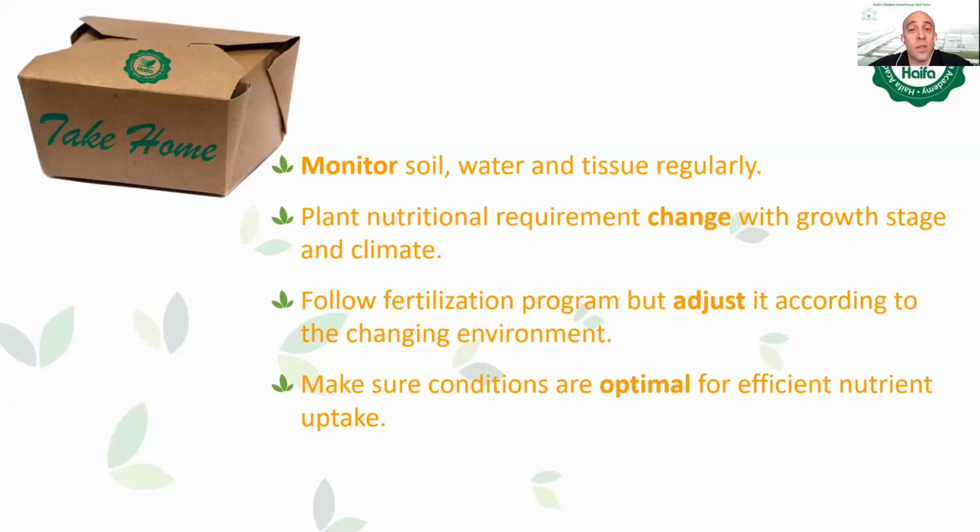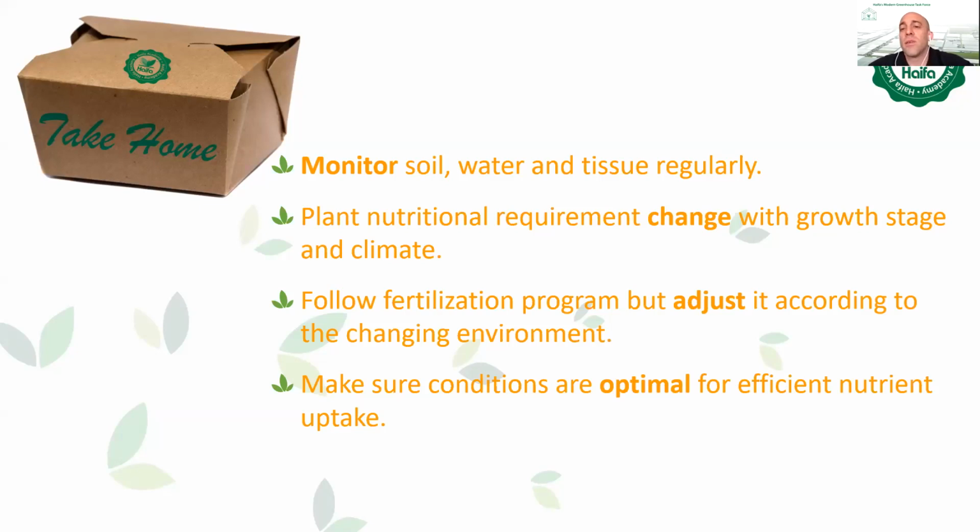Another very important thing to know when growing plants is that the nutritional requirement will change with the growth stage and the climate. For example, nitrate might be taken up very fast if it's very hot.